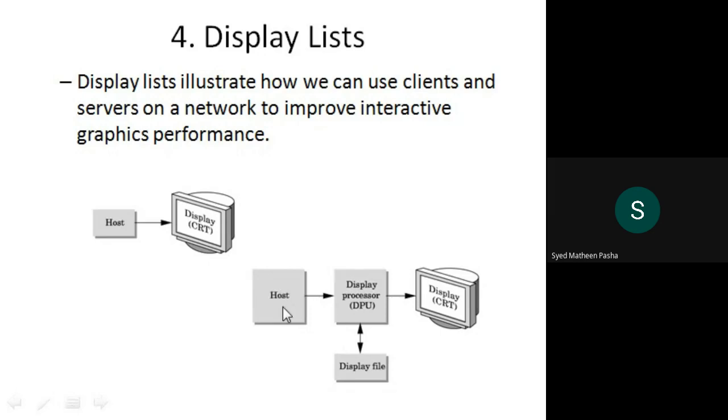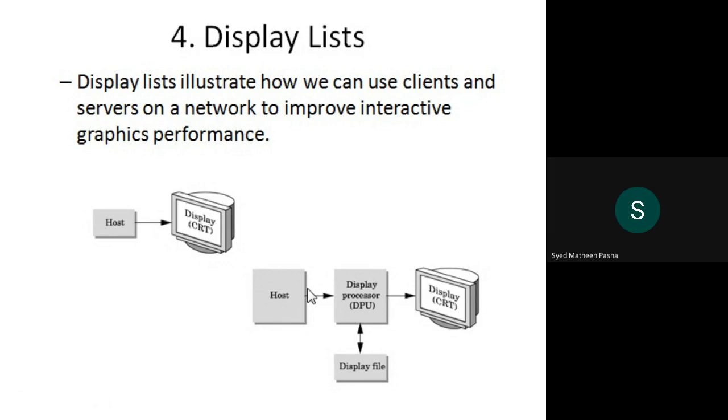What the host processor does is process the user program to generate a compiled list of instructions. That is, whatever program the user writes, it processes that particular program and generates a list of instructions which can be passed to the display processor next.